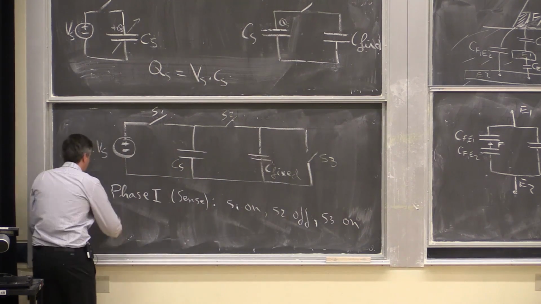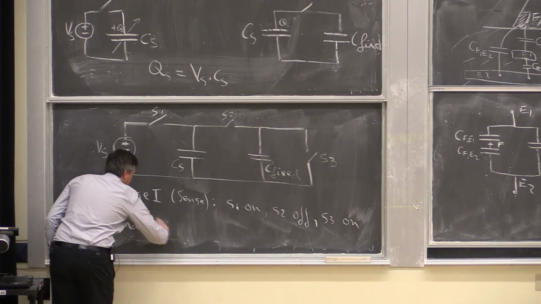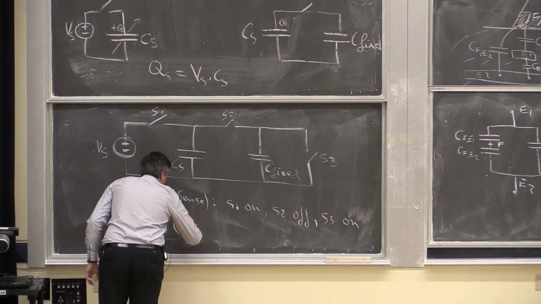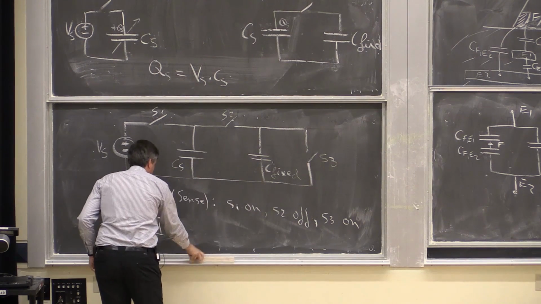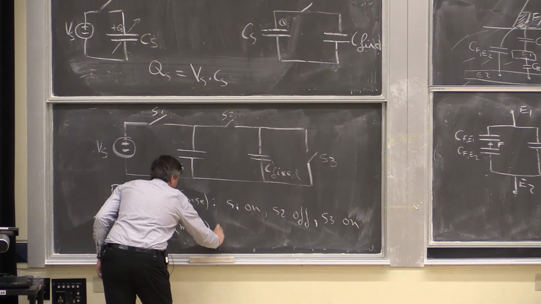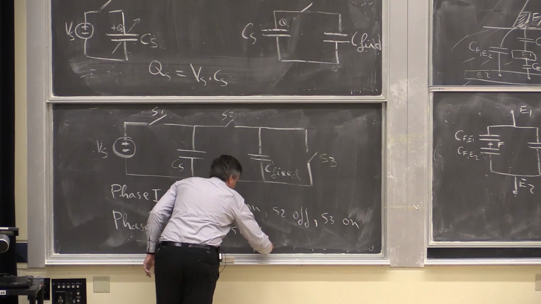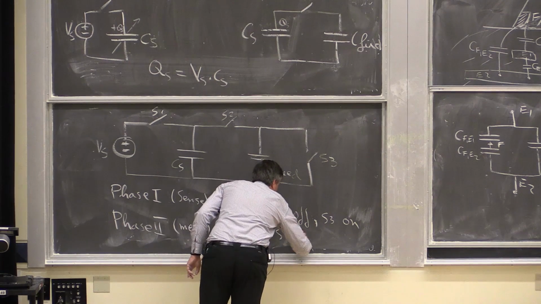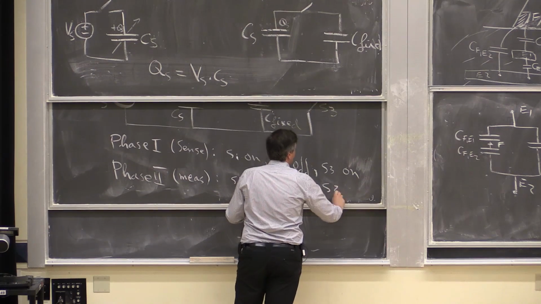And in phase 2, this is share or measure. So let's say measure. S1 will be off, S2 will be on, and S3 will be off.